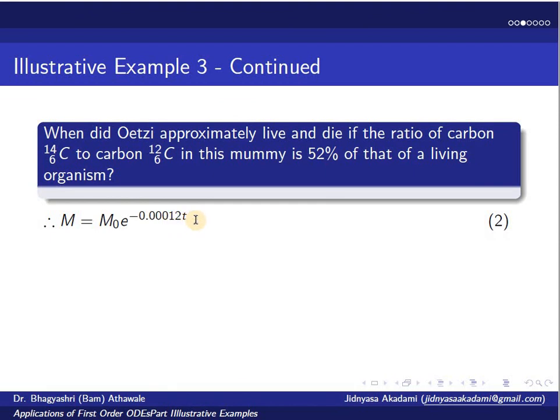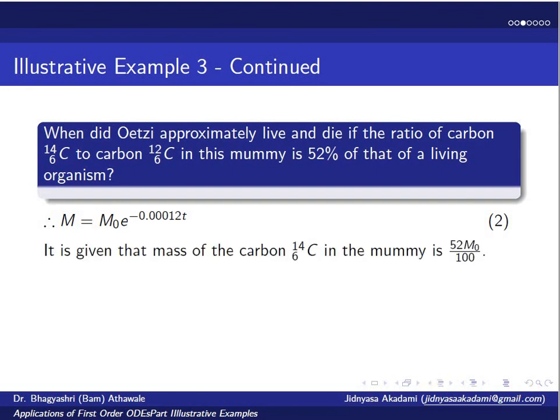Putting this value in the equation, we get M is equal to M naught e raised to minus 0.00012 into t. Now we want to find the value of t, where M is 52% of the original ratio. So M is equal to 52 M naught by 100, and so putting that value, we get 52 M naught by 100 is equal to M naught into e raised to minus 0.00012 into t.